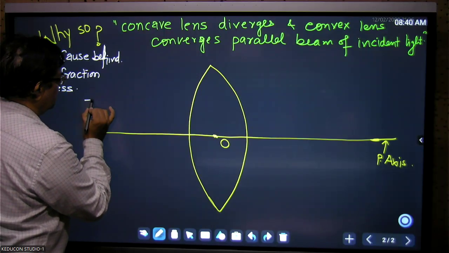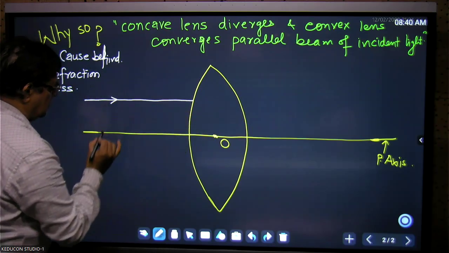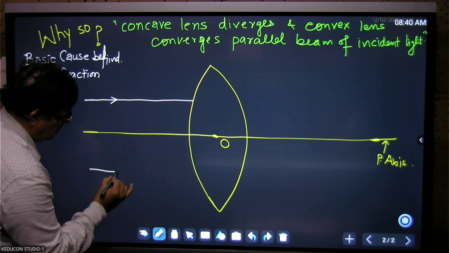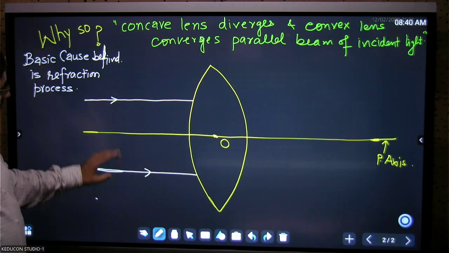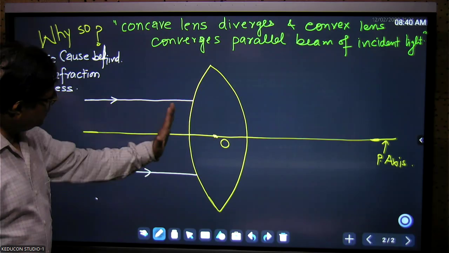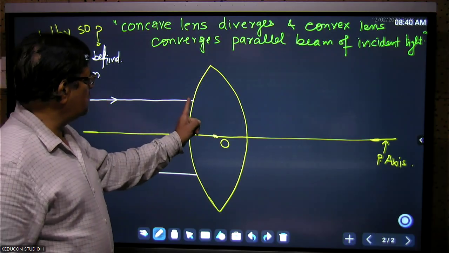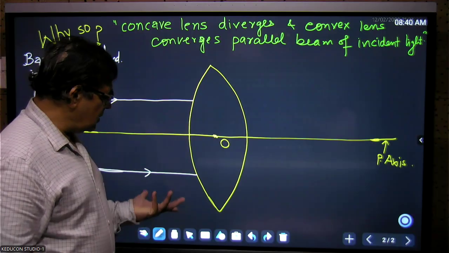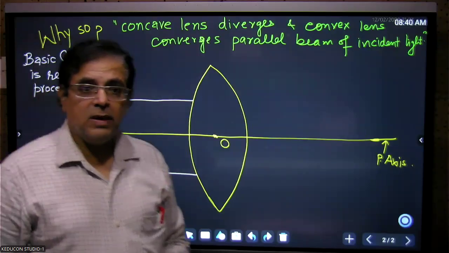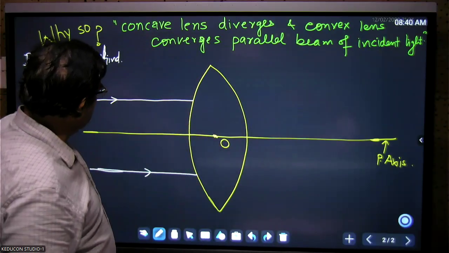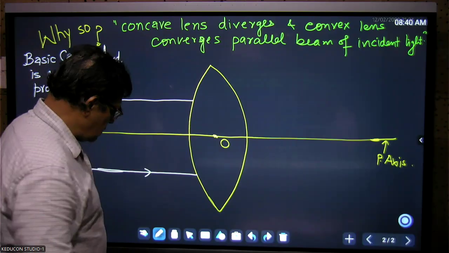Suppose I have thrown this parallel beam of light on the lens this way and this way. I will not explain all the rays in the beam. I will explain the passage of only a single ray, and the same is true for the other rays. So the beam consists of many parallel rays, and each ray travels in a straight line, which is the rectilinear propagation of light.